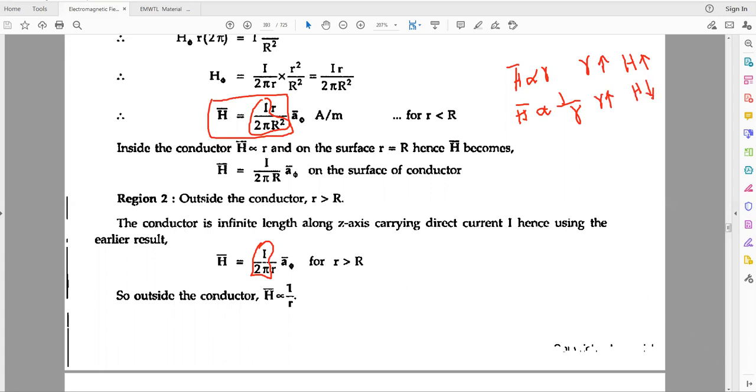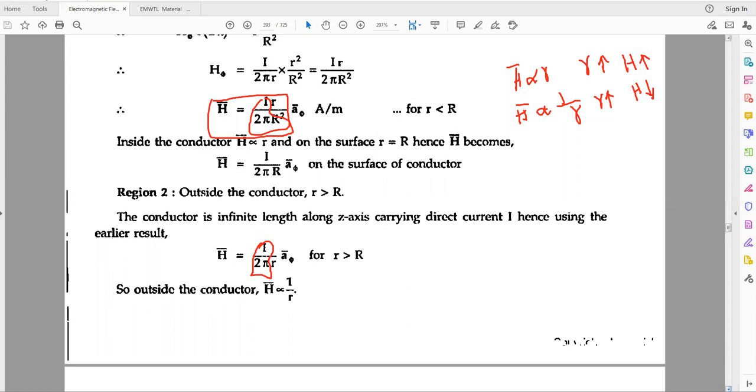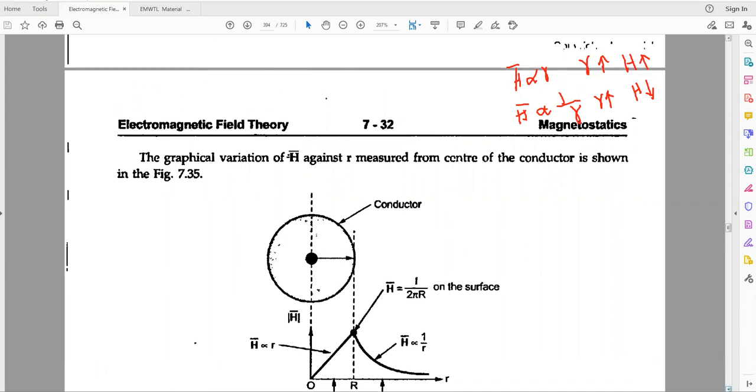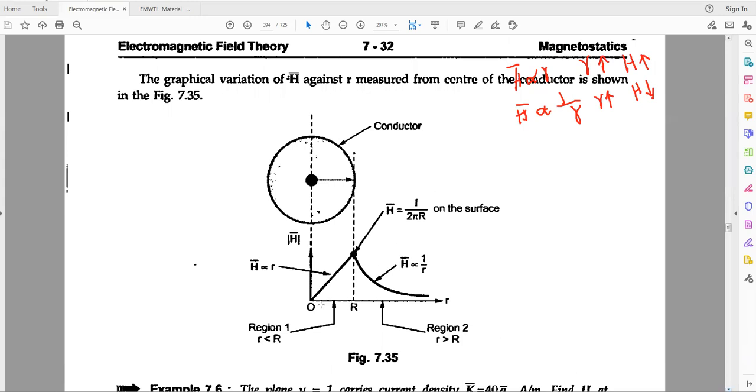Okay. According to this, the diagram shown here, you see, from 0 to R, the radius region, r less than R, slowly it increases. As r increases, small r increases, H bar also increases in this region.